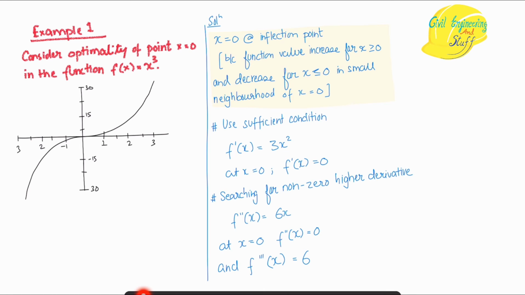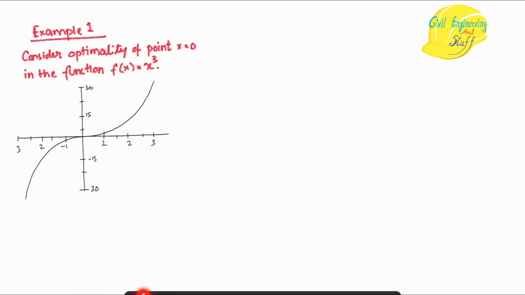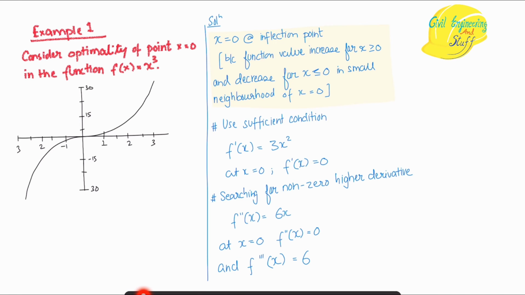Then we'll go to the third derivative, because as per the sufficient condition, we have to find the nth derivative which is not equal to 0. So we observe that the third derivative of that function is 6.